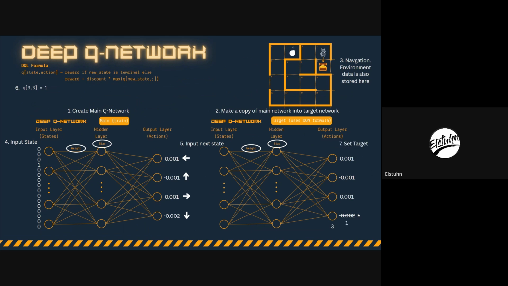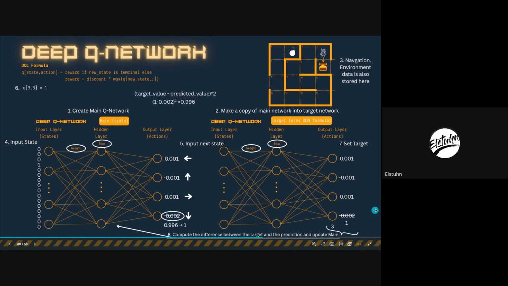Because the target network uses the deep Q learning formula, let's use it here. Because the next state is terminal, it's relatively easy. It will just be 1 because the reward is 1. So we replace the value with 1 because the third node represents slowing down.